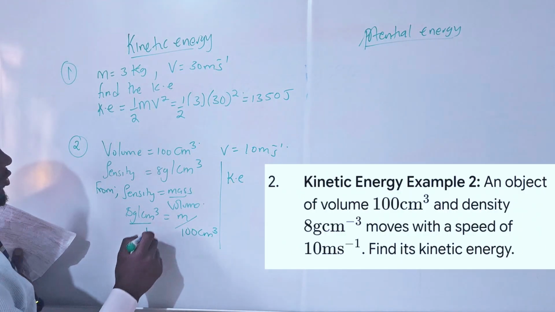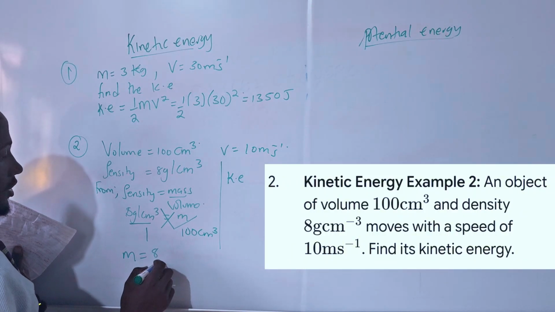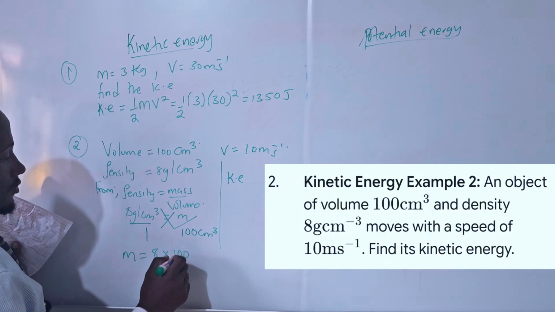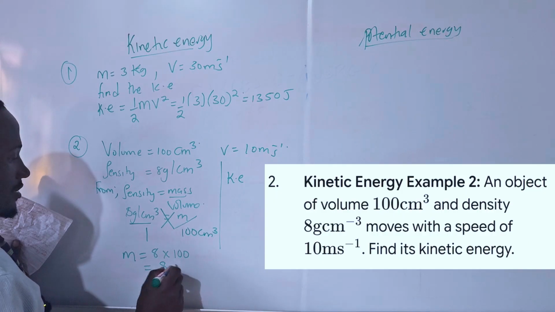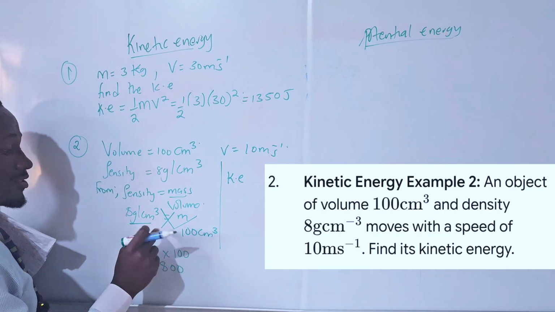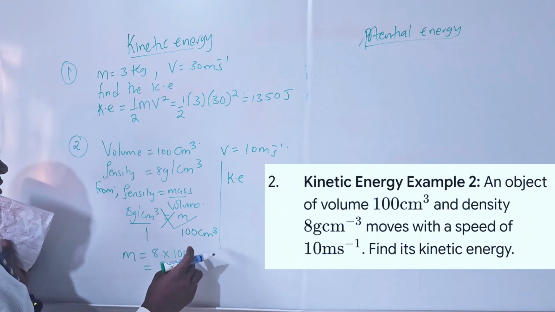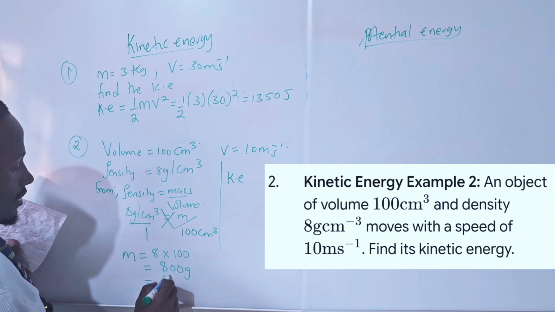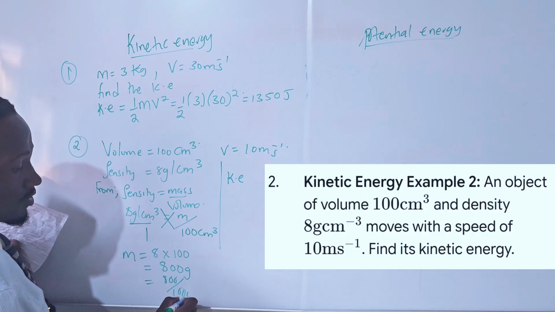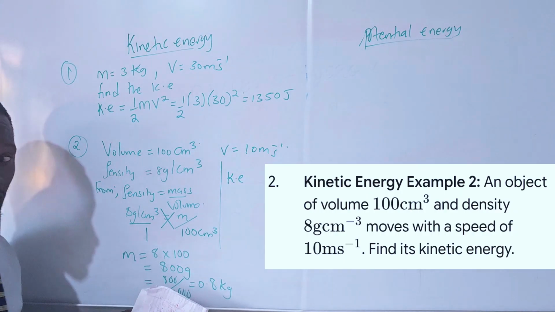So here we can cross multiply, and our mass becomes 8 times 100. This gives us 800, but grams, because you computed these in their units. So we can convert these ones into kilograms by dividing by 1000. Please show this conversion. Some of you don't show this conversion here.